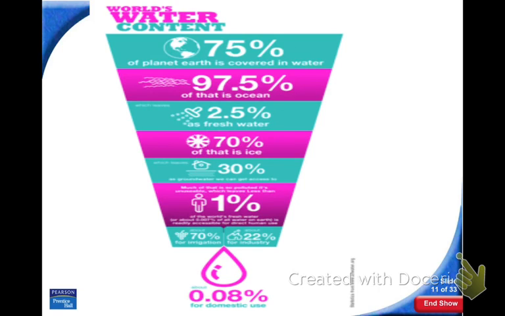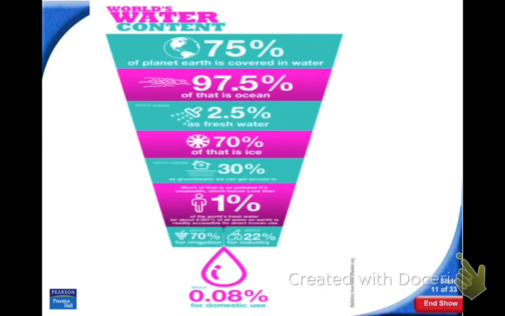And so this is another kind of graphic to show you just how little of the water on our planet is actually available to us. Okay? 3/4 of the earth is covered in water. And it's mostly, as we saw, what kind of water? Ocean water. So 97, 98% of that is in the ocean. So only 2.5% is fresh water.